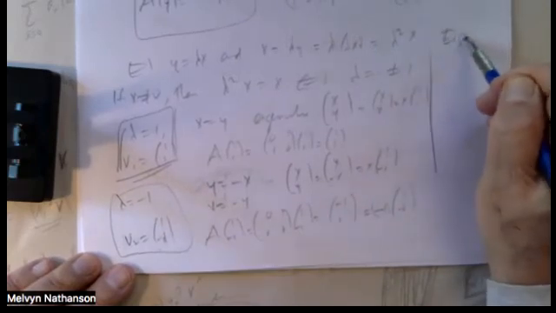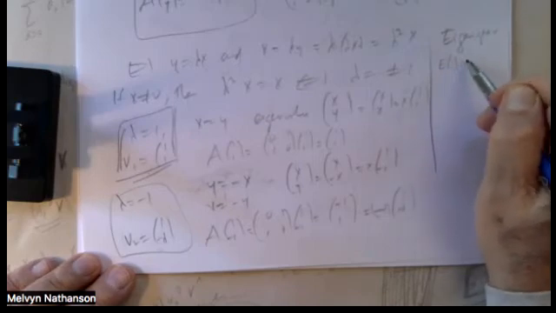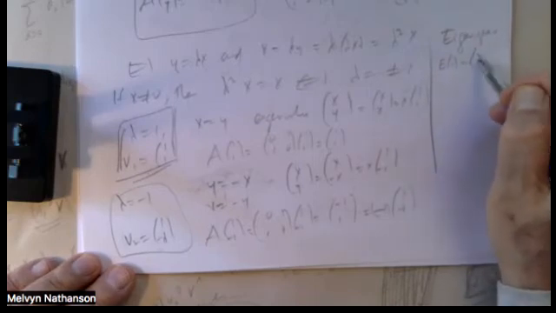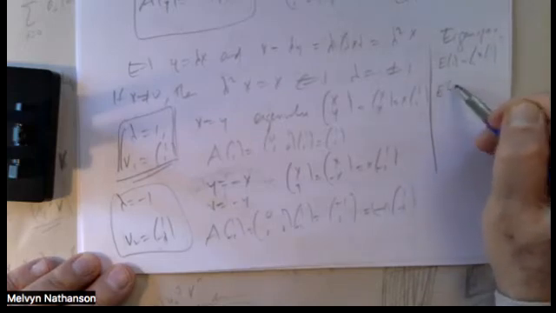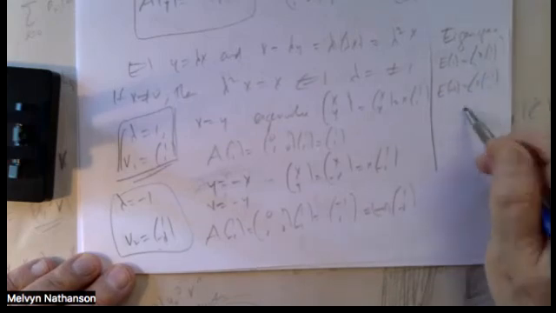So v2 is an eigenvector with eigenvalue minus 1. And it's the only one. So for the eigenspaces, E of 1 is just the one-dimensional space spanned by the vector (1, 1). And E of minus 1 is the one-dimensional space spanned by the vector (1, minus 1).